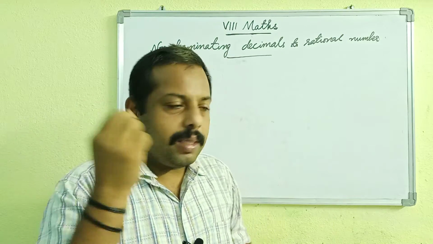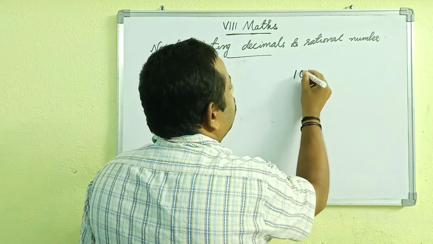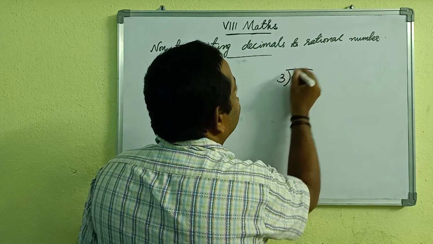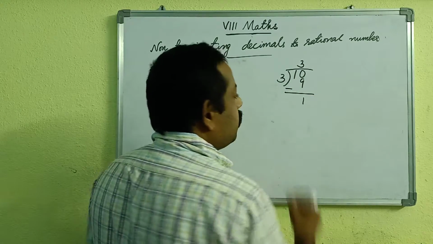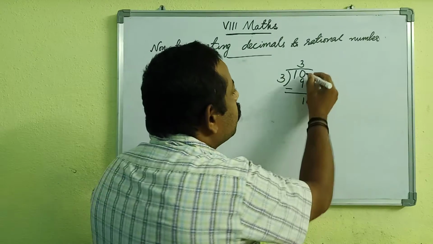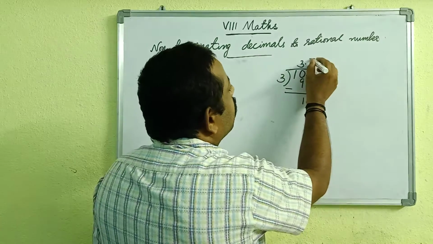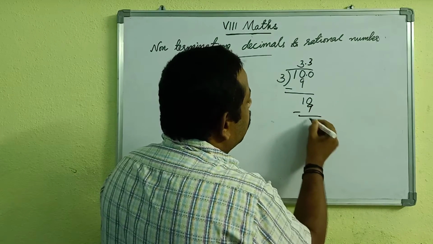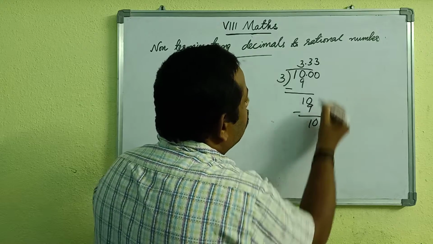expansion. For example, you have learned 10 divided by 3. 3 3s are 9, 10 minus 9, what is the remainder? 1. Put a 0, so put a point. Here also point. 3 3s are 9. Subtract, 1. Put a 0 here. The same 0 here, 3 9.